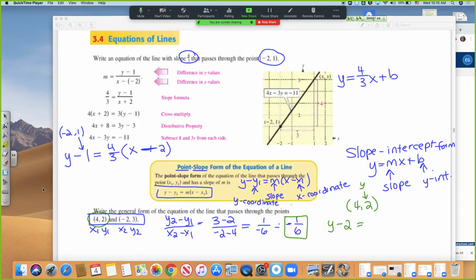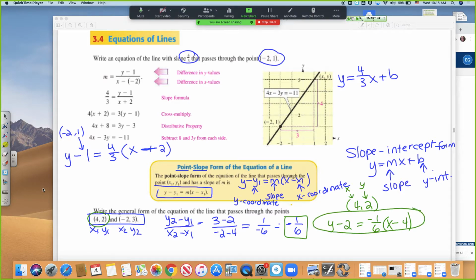The slope is -1/6. Parenthesis x minus the x-coordinate, which is this right here. So it's going to be x minus 4. That's if I use that first point given. If I use the point 4, 2, that's what the equation in point slope form looks like.